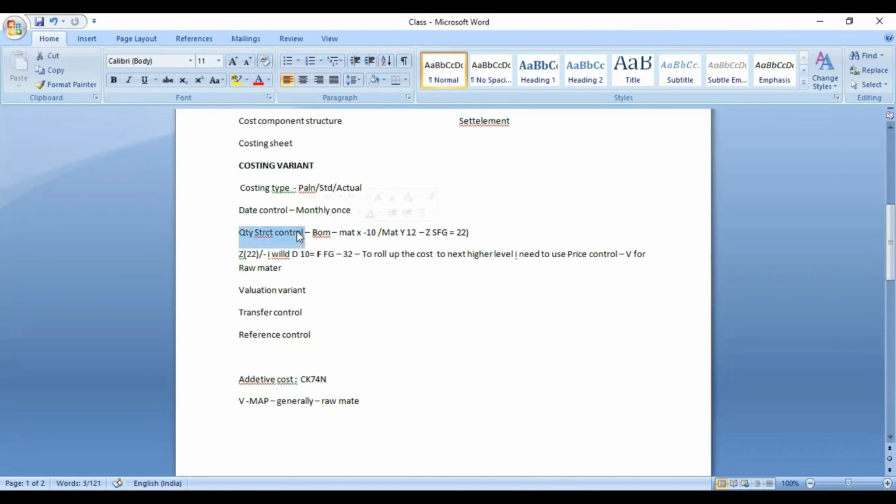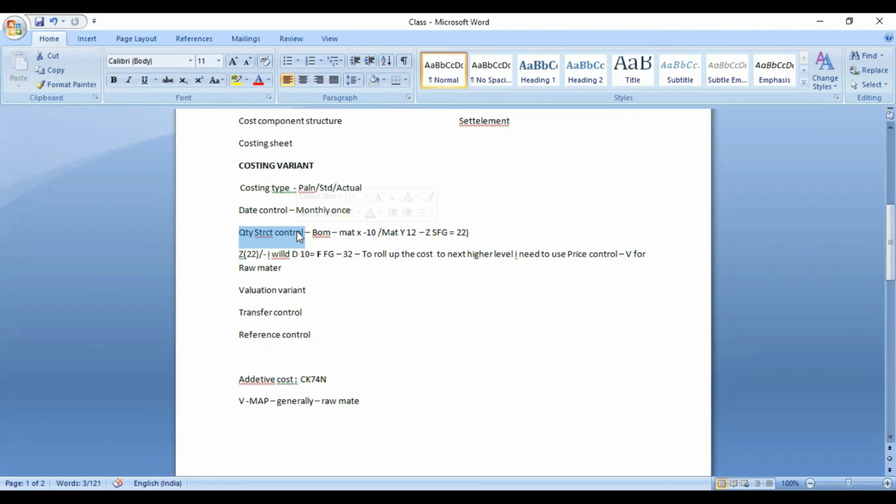What is quantity structure control here? Again, with BOM, bill of material, and routing. Both we call, with this combination, quantity structure control, BOM and routing. BOM belongs to the required materials I am using in my manufacturing and production.